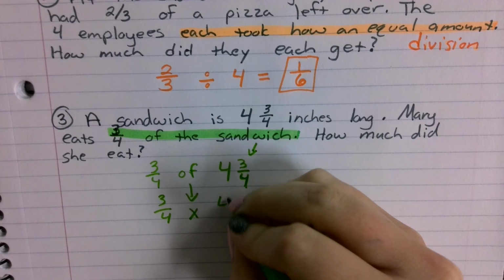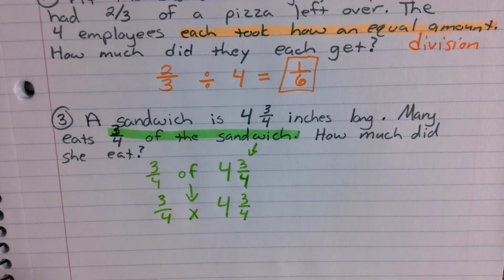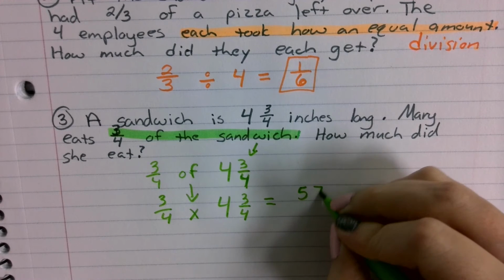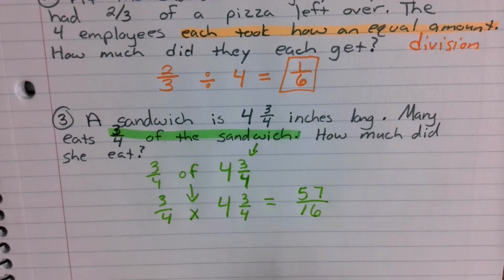times 4 3/4. So in your calculators, go ahead and do 3/4 times 4 3/4. When you do that, you're going to get 57 over 16.